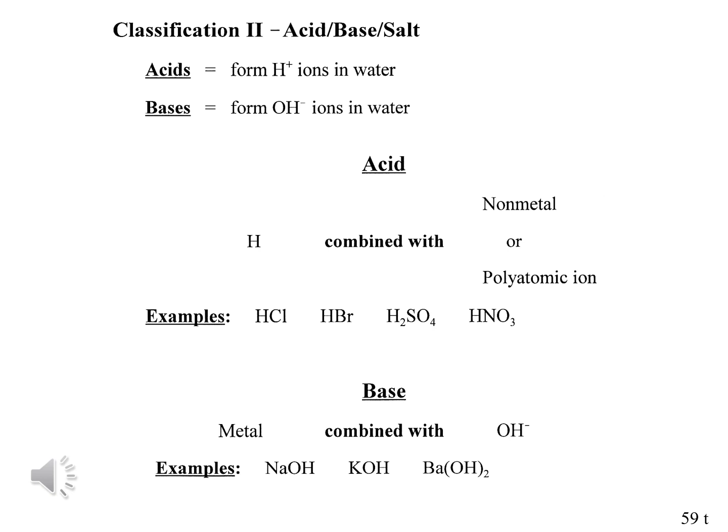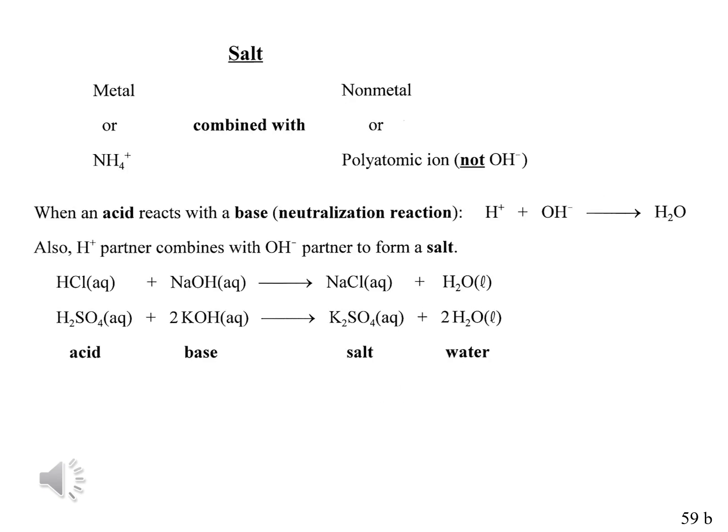Anytime you take a metal, which would be positive, and combine it with the negative OH, you will get a base. If you look at the reaction at the bottom of this page, you know what neutralization is, where H+ from an acid reacts with OH from a base to make water, and that's neutral because water is neither acidic or basic. Whenever you mix an acid and a base, you always get as products a salt and water.